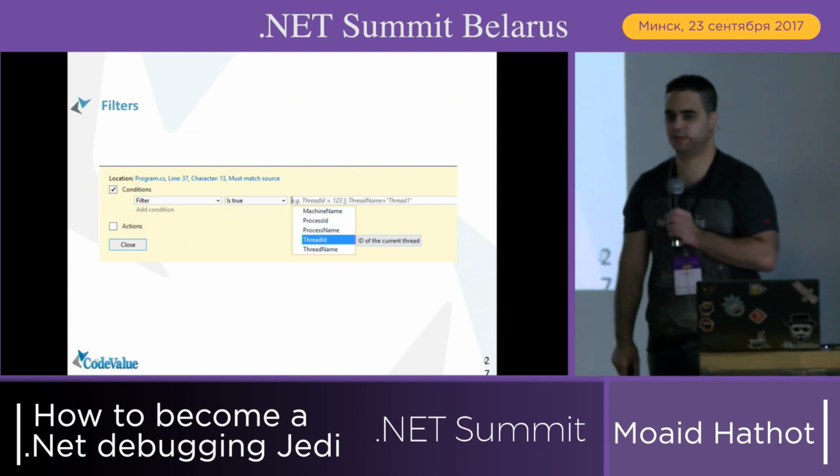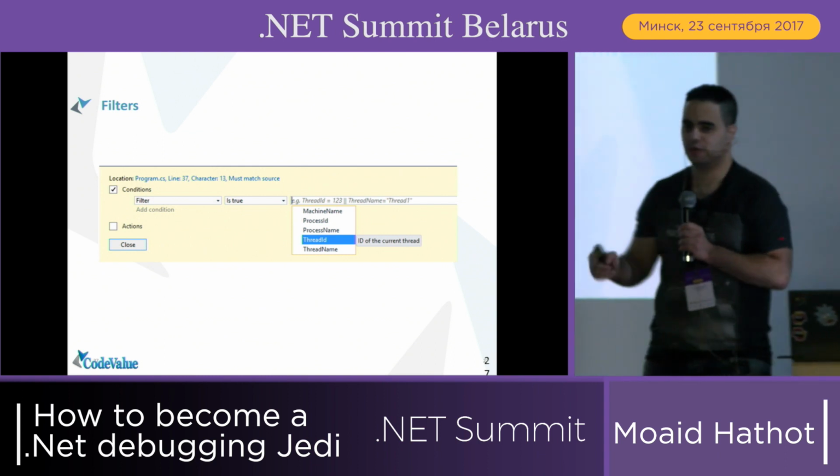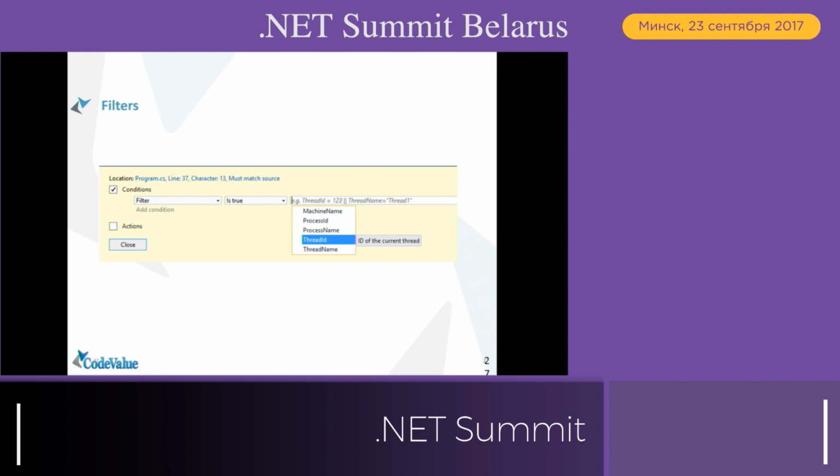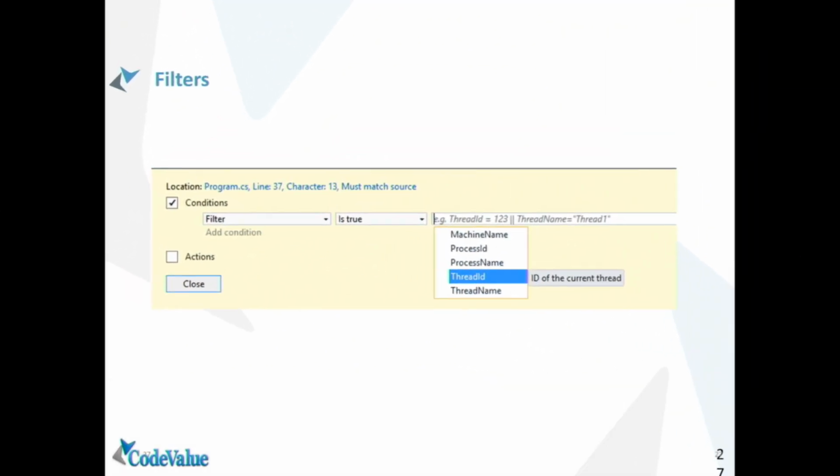So what is the next type? Well, it's filters. So we can filter when to stop the program according to some variables. For example, the current thread ID, thread name, process name, machine name, okay?